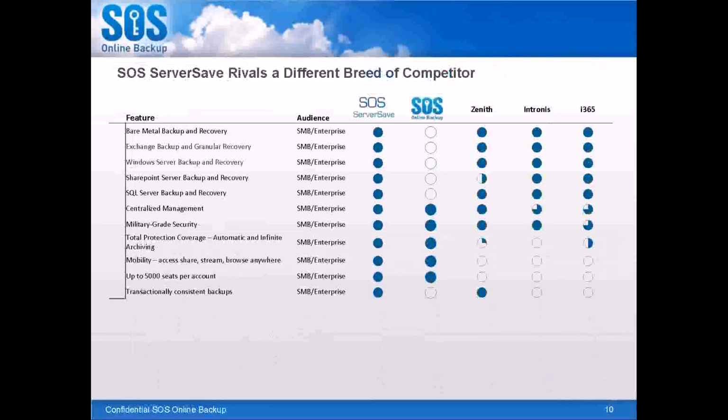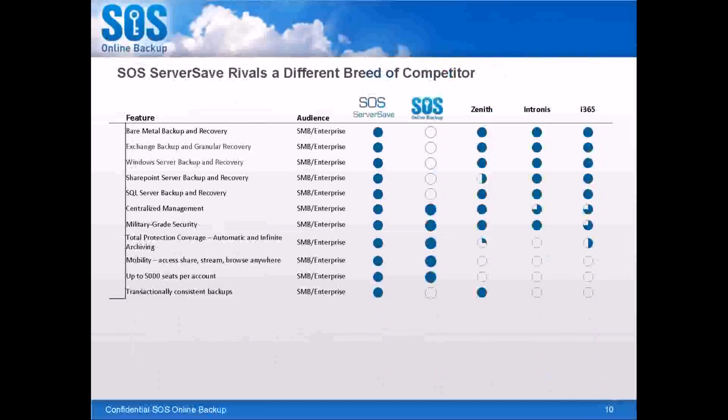This competitive grid shows SOS ServerSave and SOS Online Backup for Business versus Zenith, Intronis, and the IP65, which is now back to being eVault. SOS ServerSave really shows up, again, in the flexibility of the system. We have great mobile access. We do not limit the number of seats you can have per account.